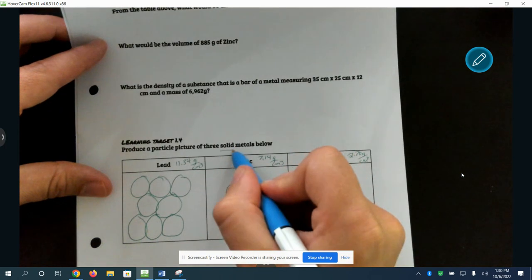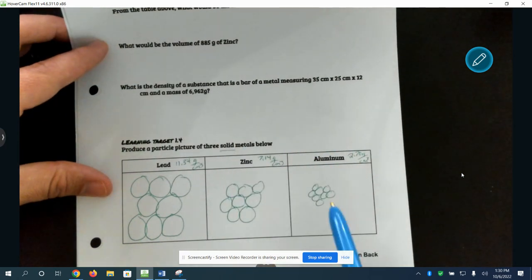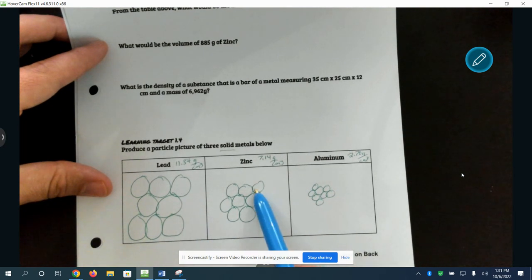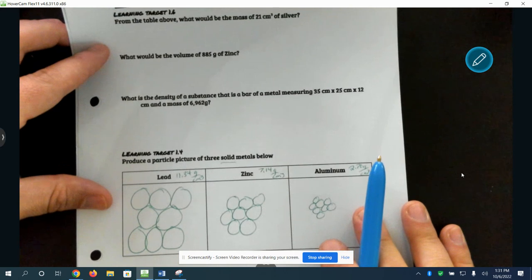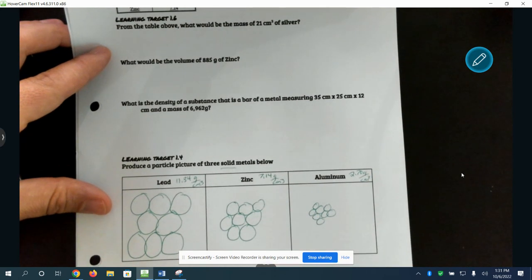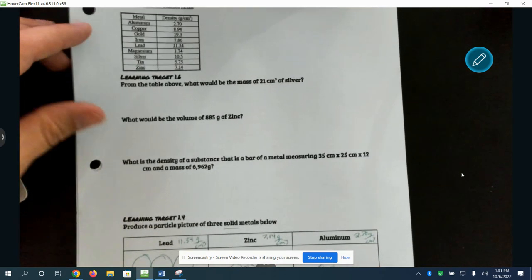They should be touching because it's solid, and we should also see through here that this has the most mass in the space, this has the middlest, and this has the least amount of mass in the space because it has the smallest density.